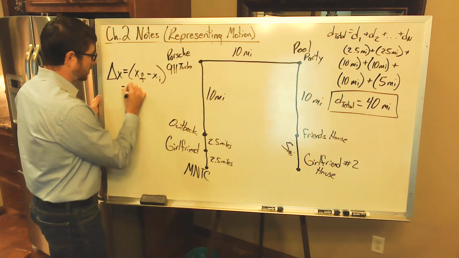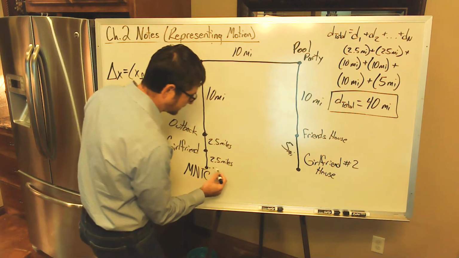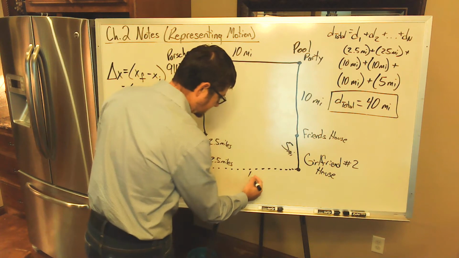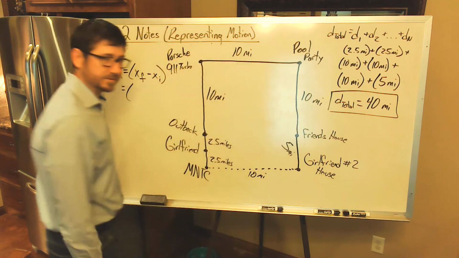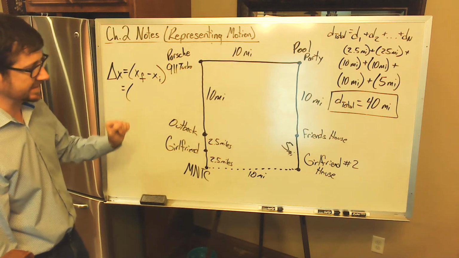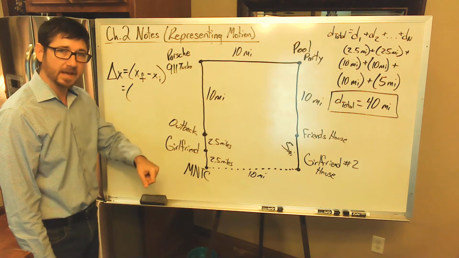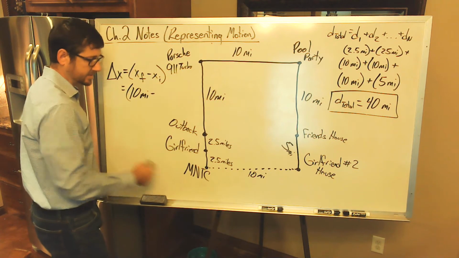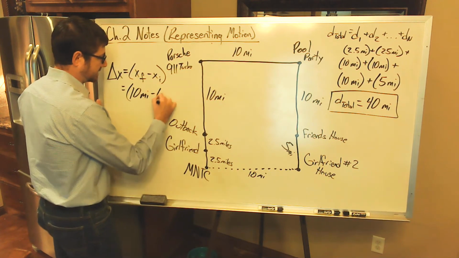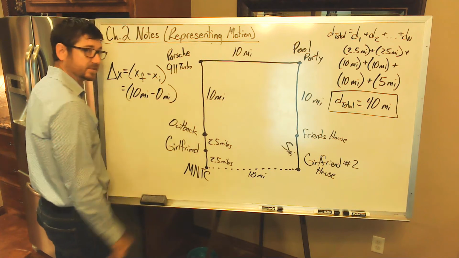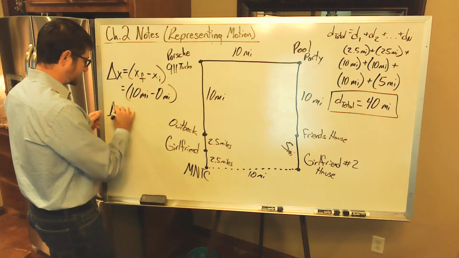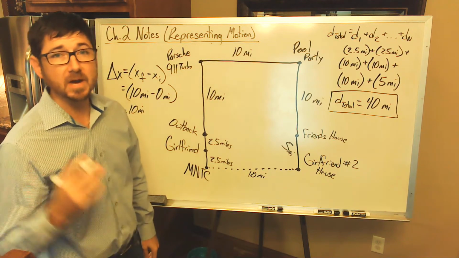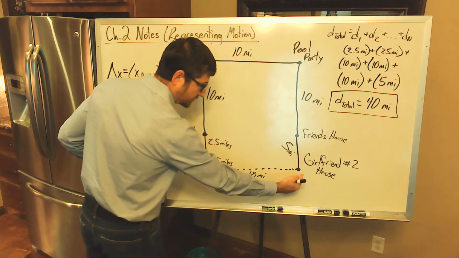So what we have here, we know that this distance is 10 miles, okay? So our final position is 10 miles away with respect to Moore Norman Technology Center. So 10 miles minus our initial position, 0 miles. So delta x equals 10 miles. And since it's a vector, we must include direction, and we are to the east.